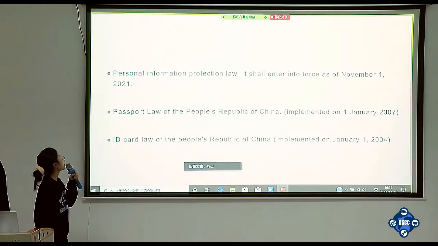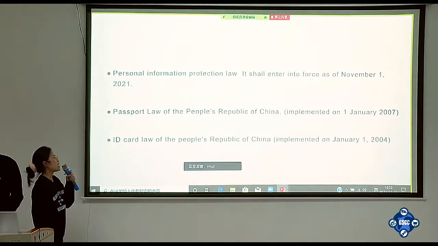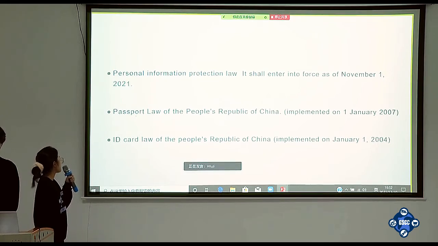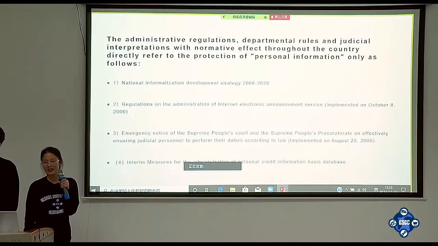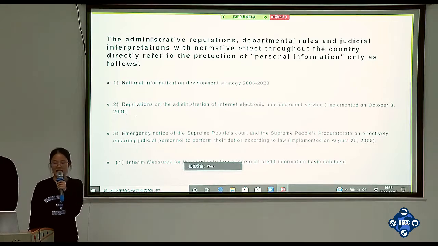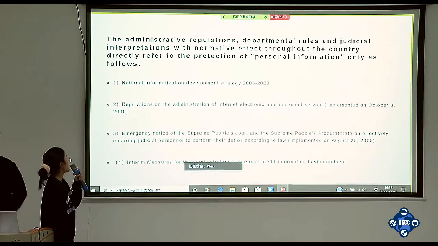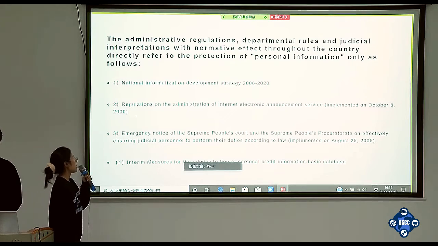The first, Personal Information Protection Law, which came into effect this month. Second, the Passport Law of the People's Republic of China. Third, the ID Card Law of the People's Republic of China. And here are some departmental regulations that directly refer to the protection of personal information.